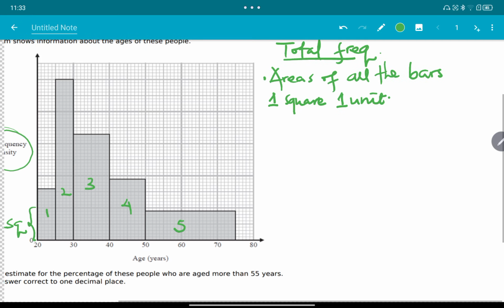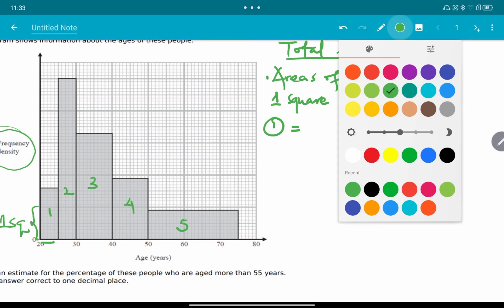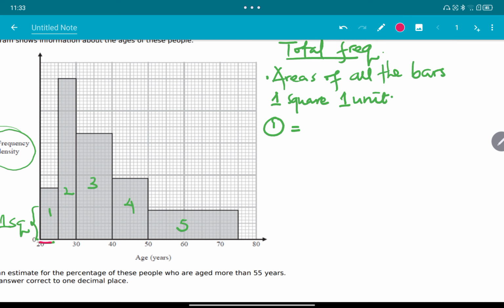When I start with 1, the area will be this times this. Reading this one, since this is 1, this will be 1.6.